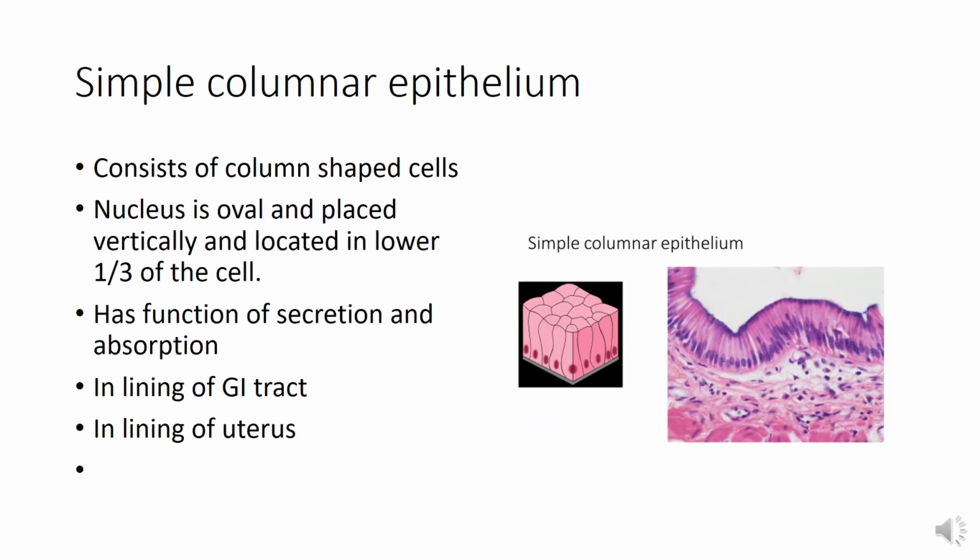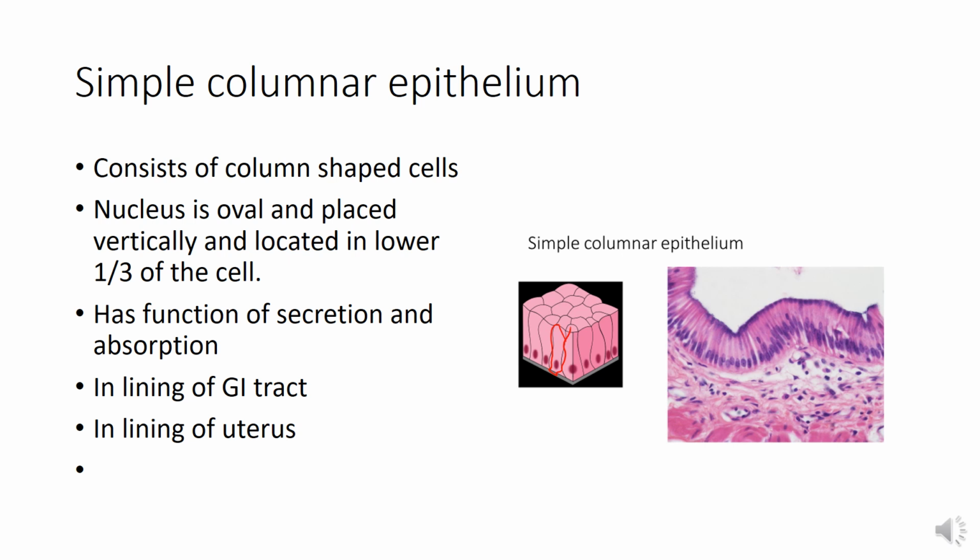The second example of simple epithelium is simple columnar epithelium, which consists of a single layer of column-shaped cells. Column-shaped cells means the cells are taller as compared to their width. And the nucleus is oval and placed vertically in the lower one-third of the cell.